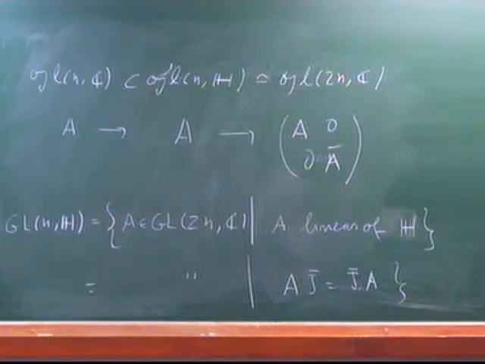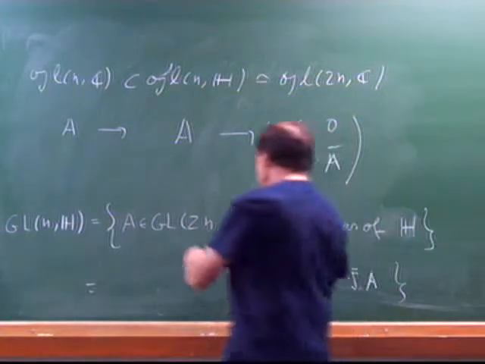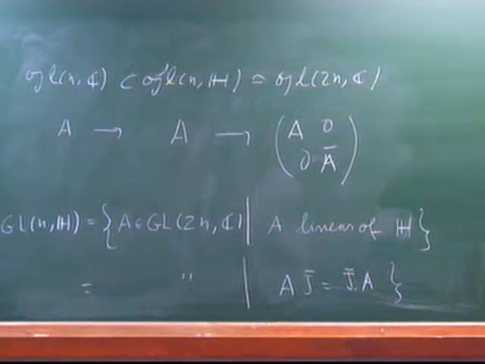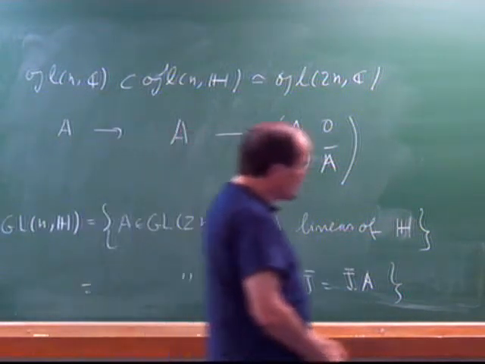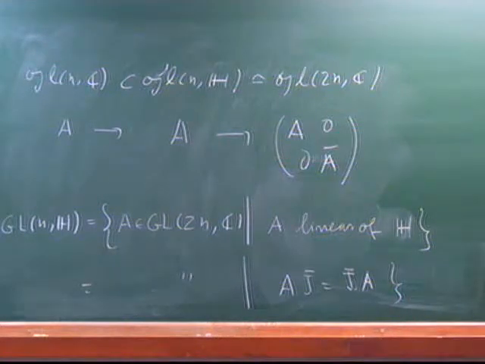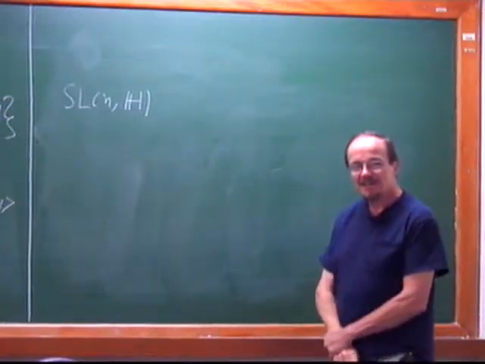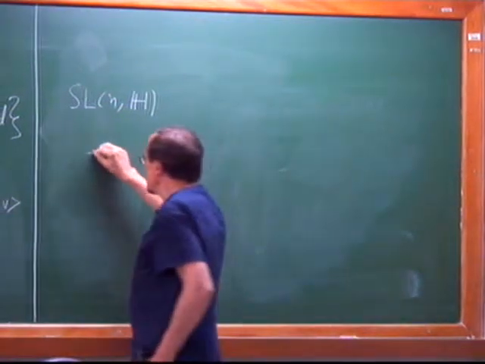And now I can work with the complex numbers. So now I have a definition of such matrices inside GL2n C, and there I can do everything I want to. So whenever you have doubts whether you're allowed to do something, just double the dimension and work in GL n C. Particularly, you can then define something that's not really justified. And you can now define quaternion matrices of determinant 1 by just taking the double.